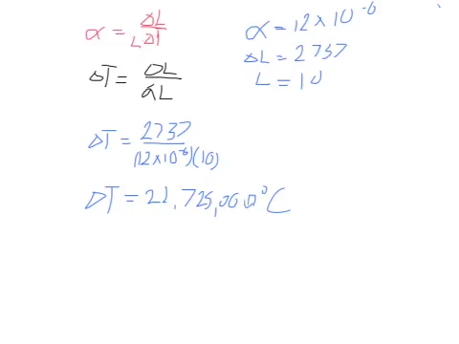So if we raise the air temperature by 22,725,000 degrees Celsius, this 10-meter long piece of iron will be 2,737 meters long.